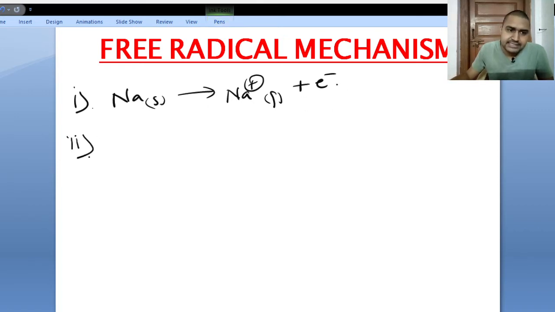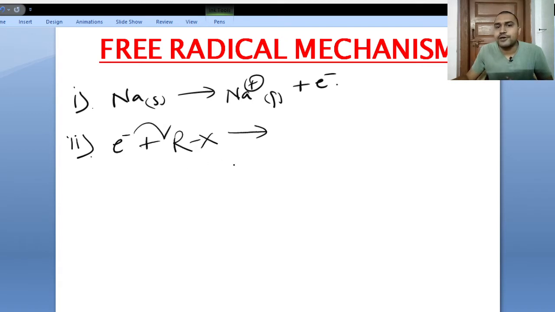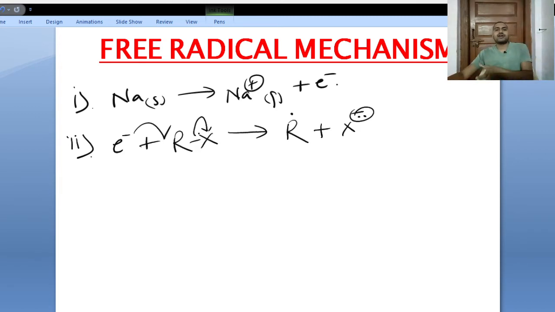In the second step, this single electron attacks the antibond of RX and generates R dot as well as X minus, because the halide, being more electronegative than carbon, takes away both the electrons of the bond via heterolytic cleavage.